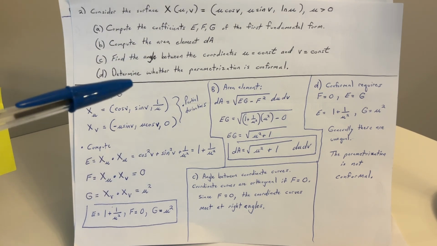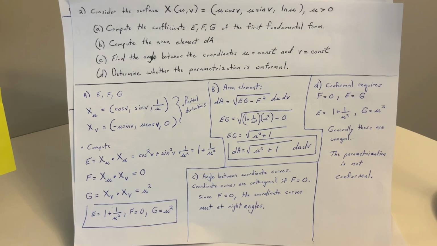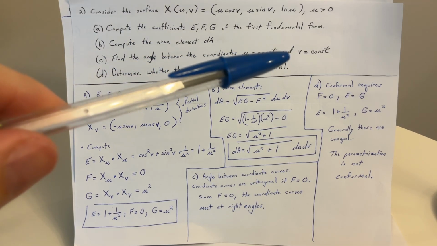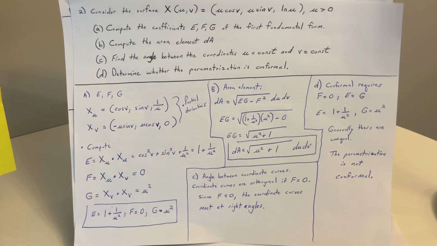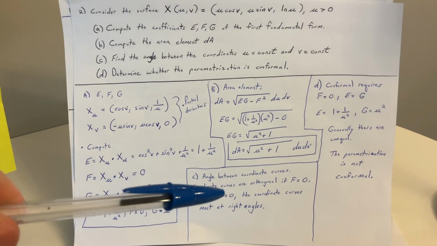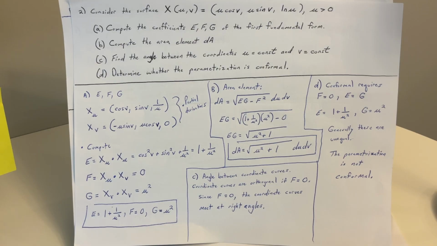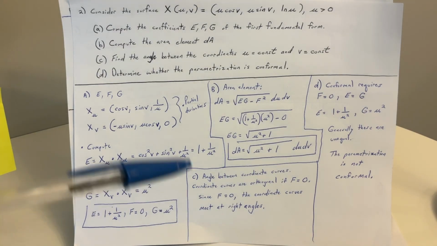And letter C, find the angle between the coordinate curves u equals constant and v equals constant. Coordinate curves are orthogonal if F equals 0. And in this situation, since F equals 0, the coordinate curves meet at right angles.